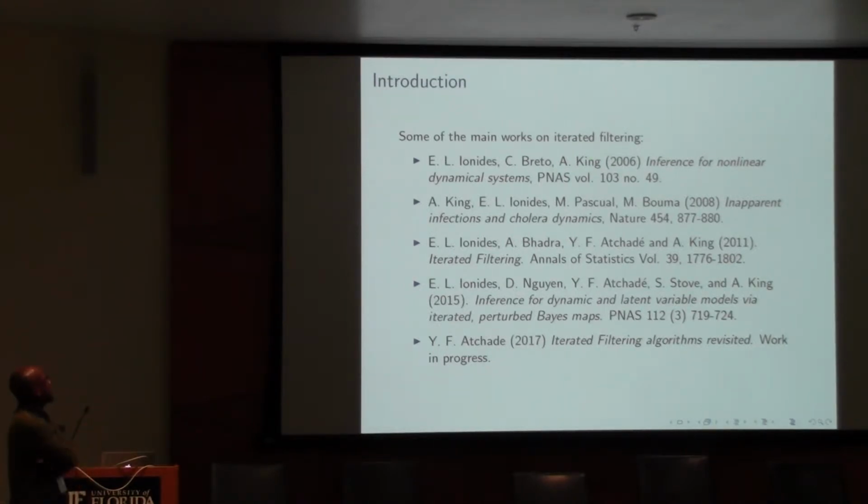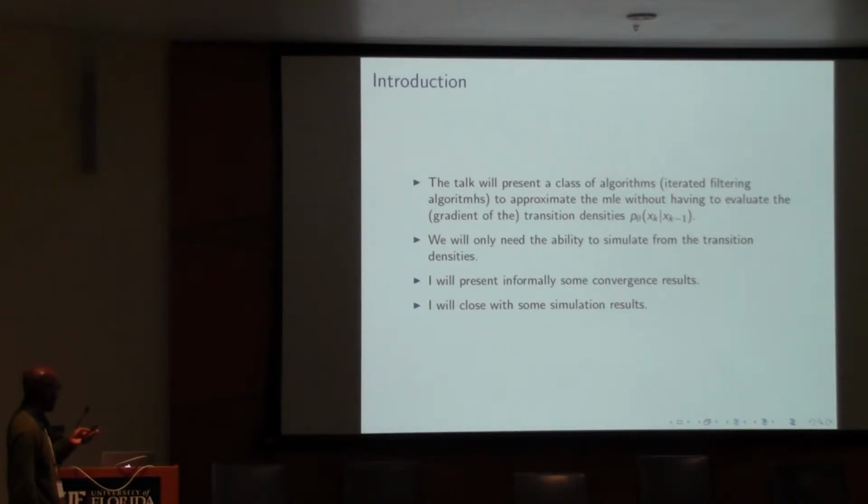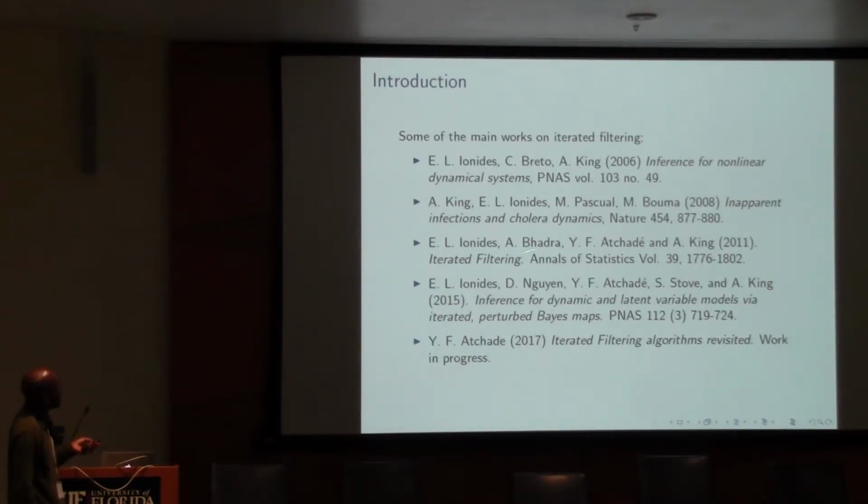PNAS paper. But the justification that they gave when they wrote the paper was actually not right. But they used the method to do some really interesting science that studies cholera dynamics.